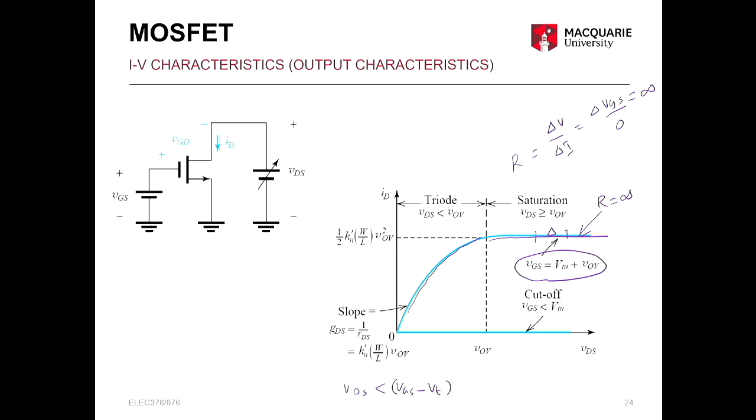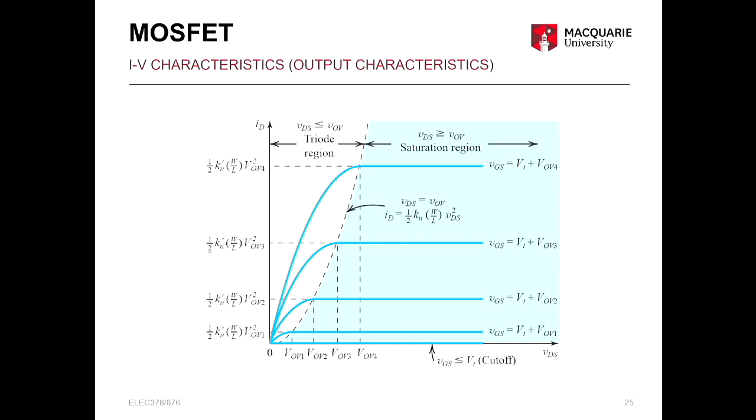So if you increase the VGS you apply to the input, your N channel will be thicker, so you will have a family of curves which saturate at higher and higher values of ID. That is shown here.